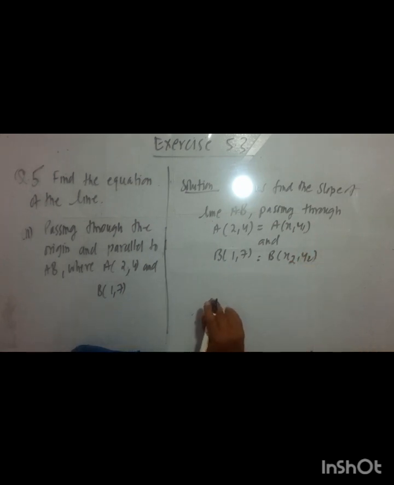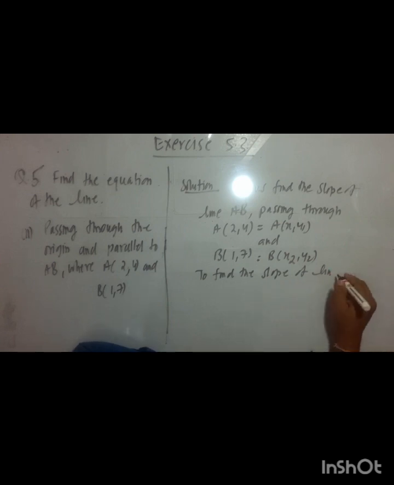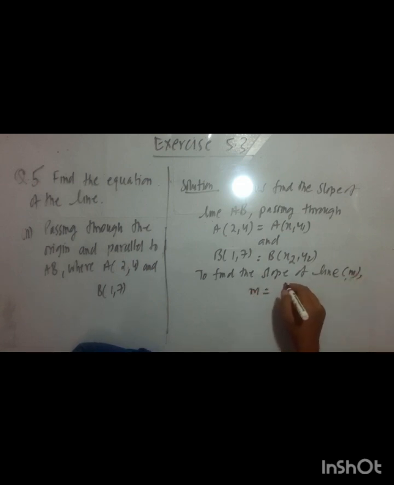Now to find the slope of line, what will be M? M will be y2 minus y1 upon x2 minus x1.